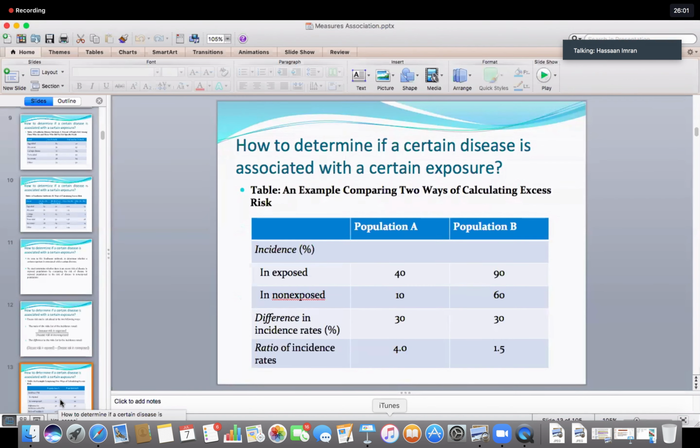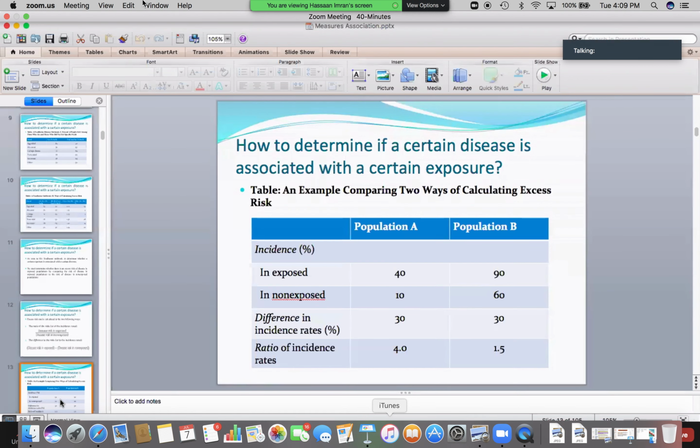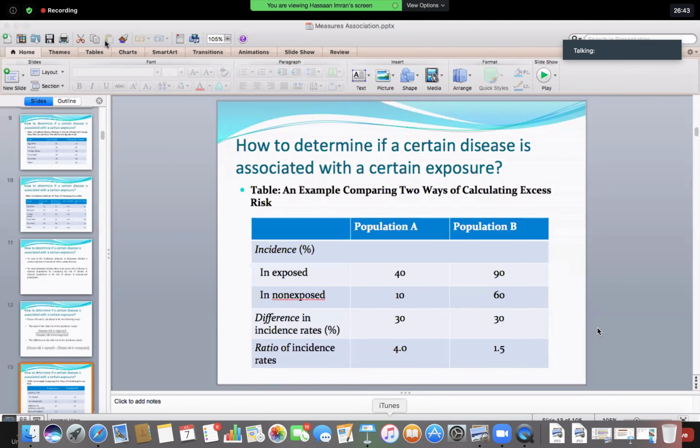Now again, please look at this table and try to comprehend this and explain this table. Any one of you? Any one of you, please?